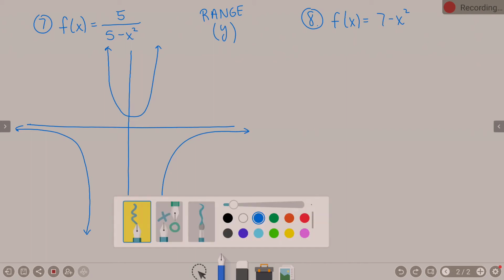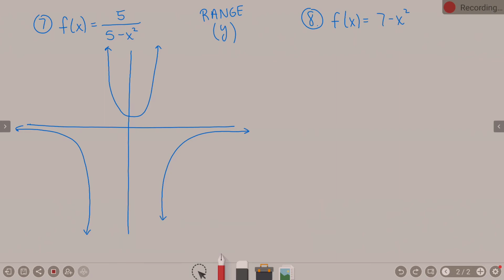Now, y values, which means we're going to start where? The bottom, right? We're going to start down here. As we start down at the bottom, where do my y values begin? My graph is going down off the screen. So that means my range starts at negative infinity.